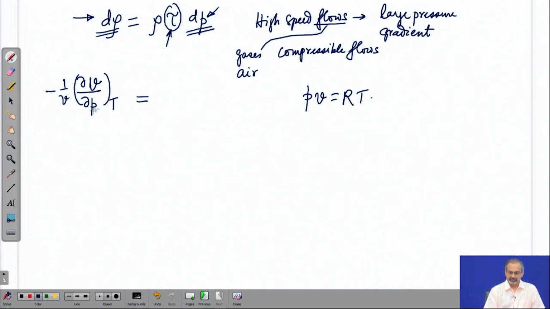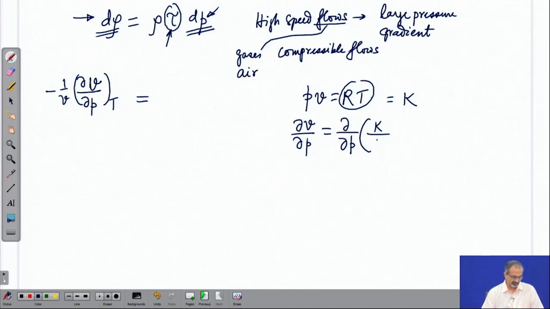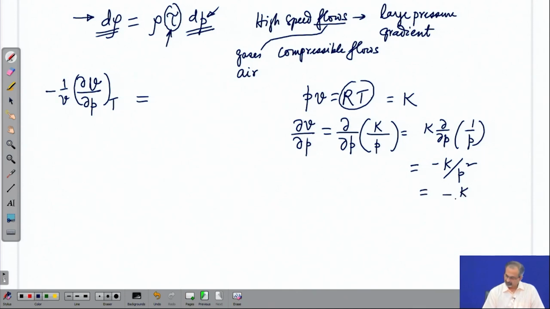We can derive an expression for del V del P for constant T. So, for constant T, the right hand side will become a constant, let us define it as K, and then we will have del V del P, so this will come out to be minus V by P.